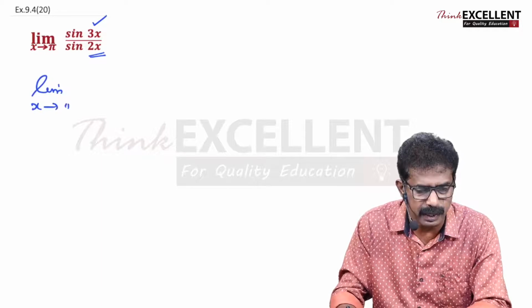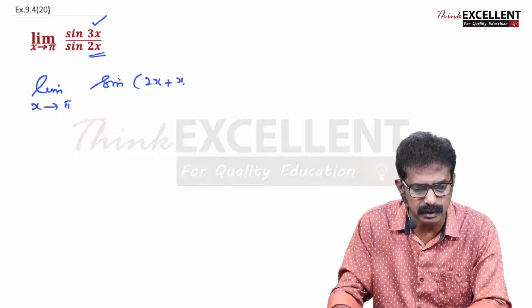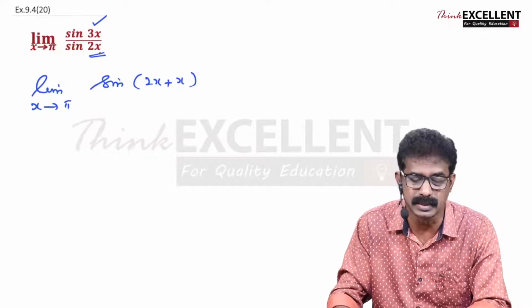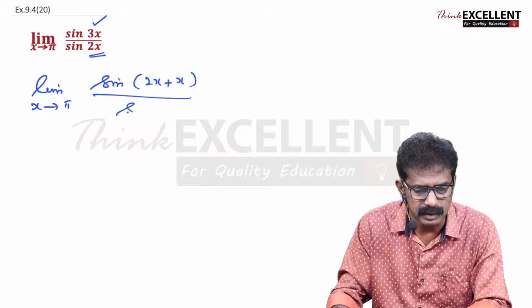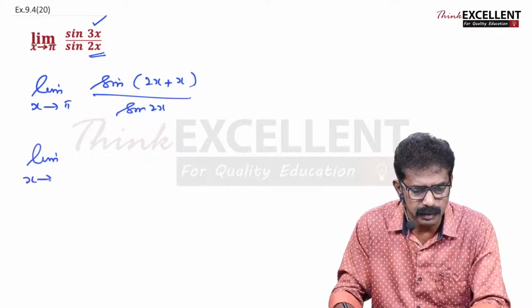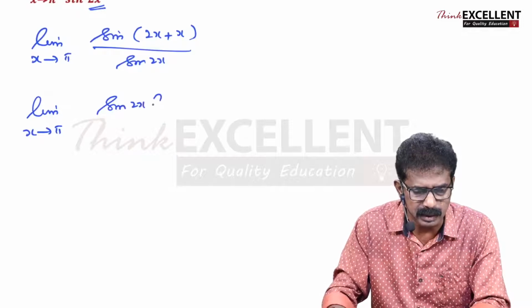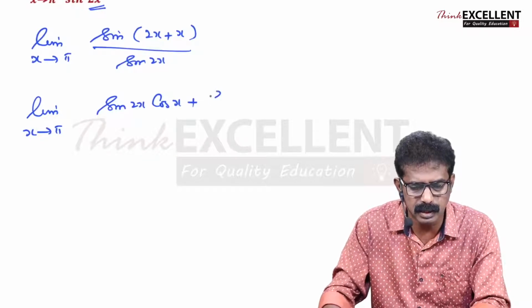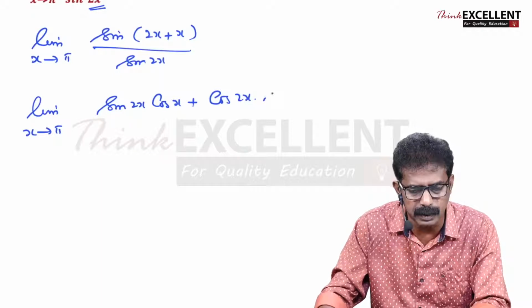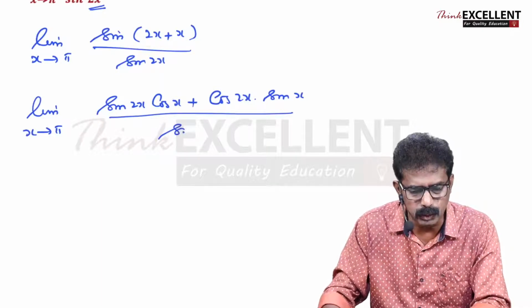Limit x tends to pi, sin 3x, you write it as sin of (2x plus x), because we see the denominator, we have 2x, that's the reason, divided by sin 2x. That is limit x tends to pi, sin(a plus b) is sin a cos b plus cos a sin b, divided by sin 2x.